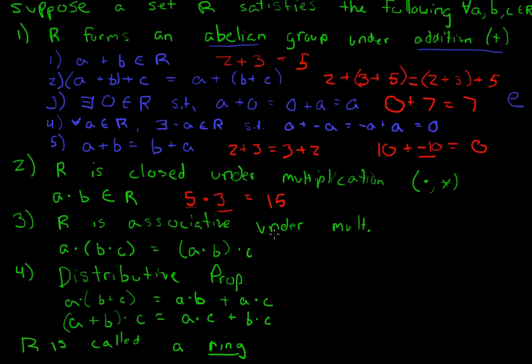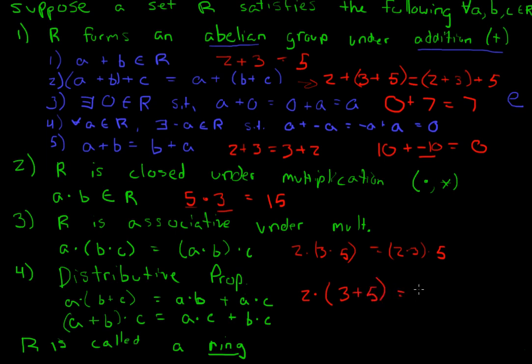They're also associative under multiplication, just like right here. It's going to work the same exact way. 2 times 3 times 5 is equal to 2 times 3 times 5. These are both 30, looks like. Distributive property. So 2 times 3 plus 5.